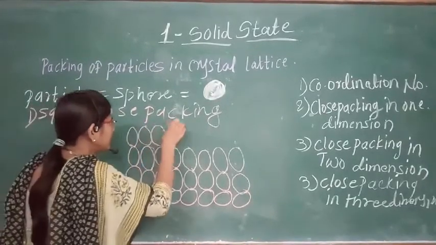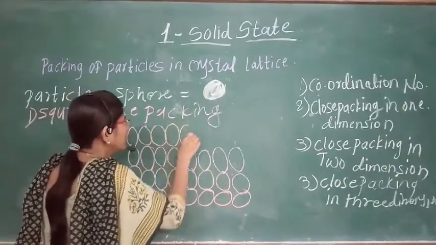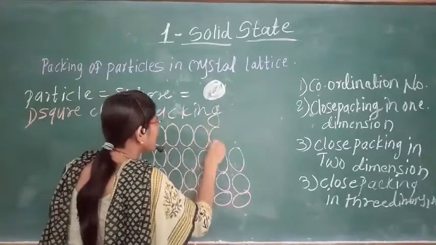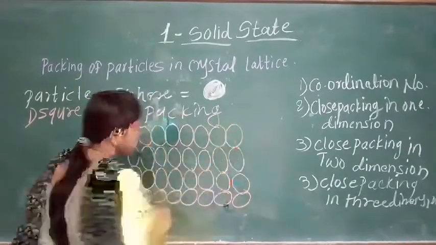So this is the first type of close packing in two dimensions, called square packing.